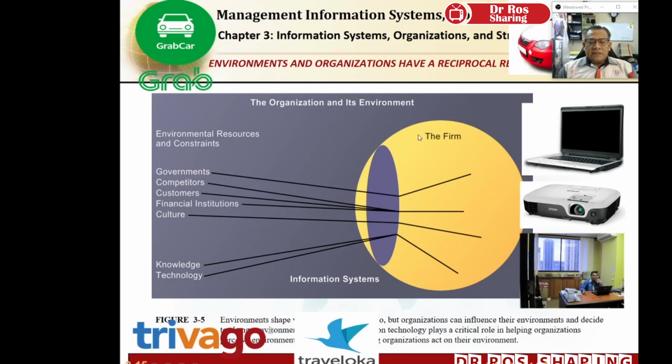In summary, the relation between environment and organization is basically a two-way relationship. So the organization and its environment, for example, this is our firm, a company like Fujitsu.